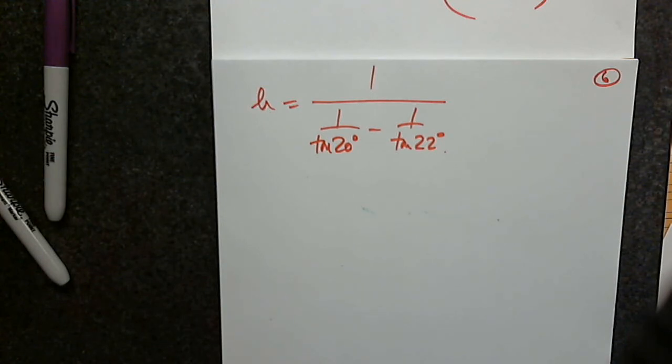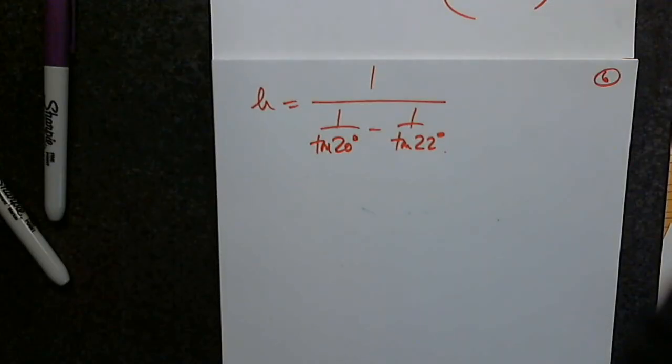So, 1 divided by, in parentheses, 1 divided by tangent 20, close the parenthesis, minus 1 divided by tangent 22.